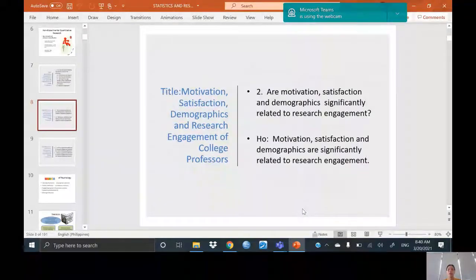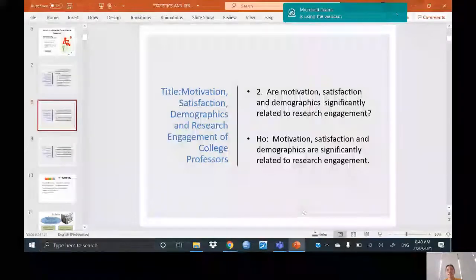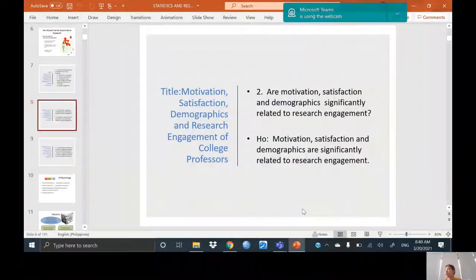Okay, number two, how about this one? This number two question, what do you think is this kind of problem? Do you think this is a descriptive problem or an inferential problem? Now, what do you think is the statistical tool appropriate for this kind of problem?